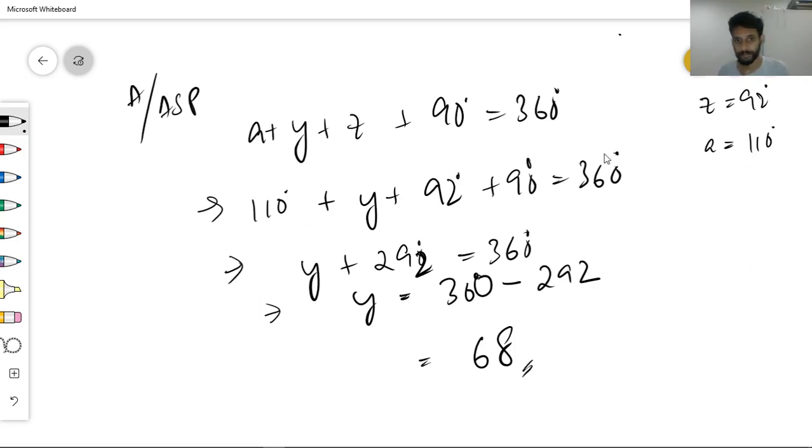So we got the values. Let me check: 88, 68 and 92. So everything is correct.